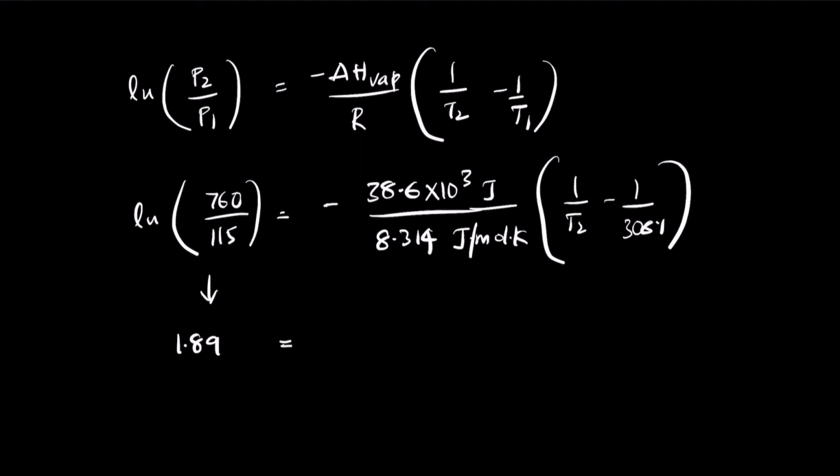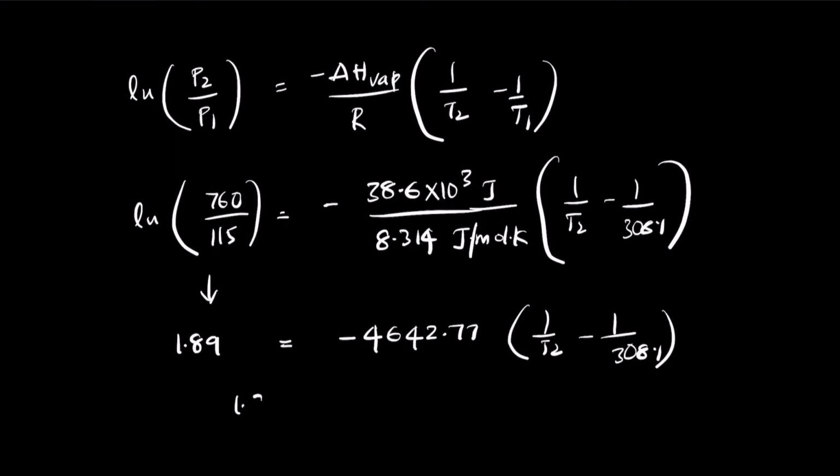So 1.89 equals 38.6 times 1000 divided by 8.314. That gives you minus 4642.77 times 1 by T2 minus 1 by 308.1. Now take this to the other side.